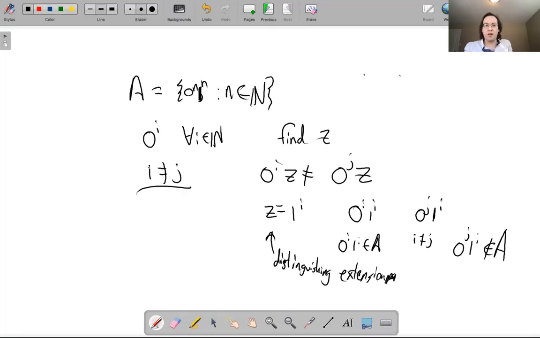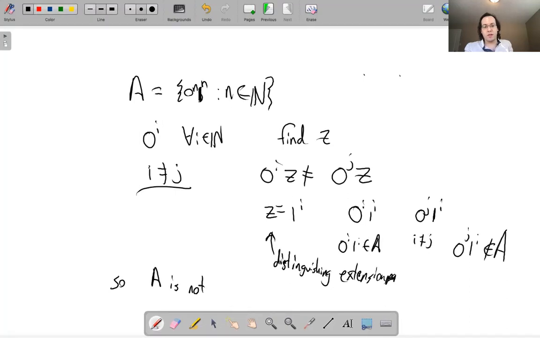For any i and j that are not equal, we can find a distinguishing extension. So we conclude that A is not regular. Fairly simple, arguably even simpler than the pumping lemma, and it's guaranteed to always work. So when you're showing that a language is not regular, you're welcome to either use the pumping lemma or use the Myhill-Nerode theorem.